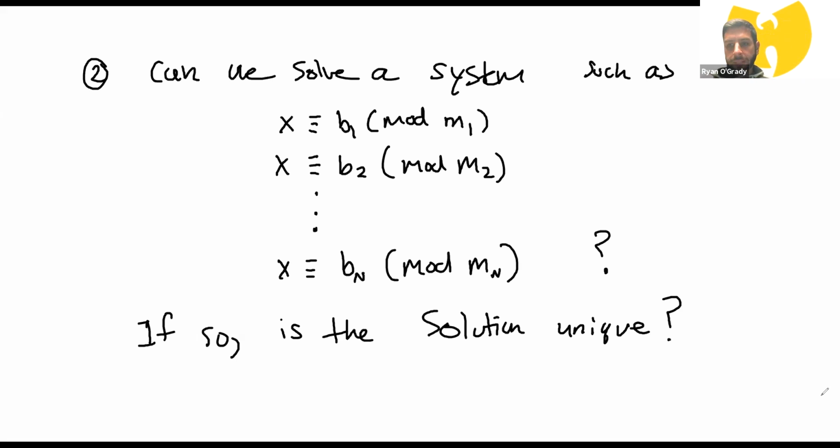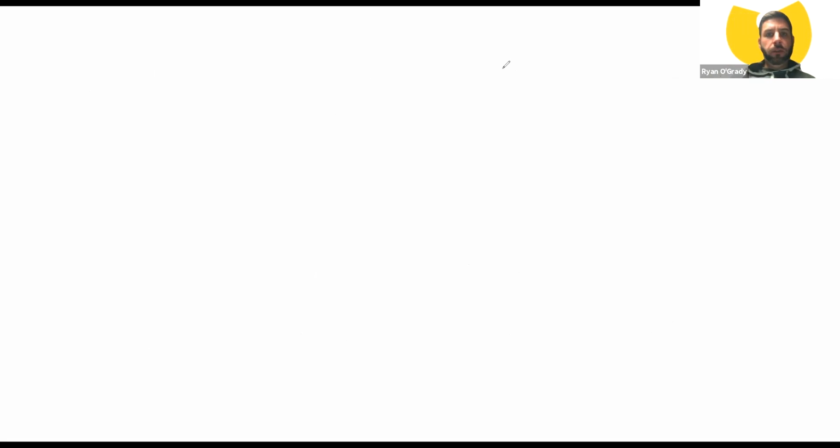So here's a cool thing about this. There's a big theorem that tells us how to do it, and it's called the Chinese remainder theorem.